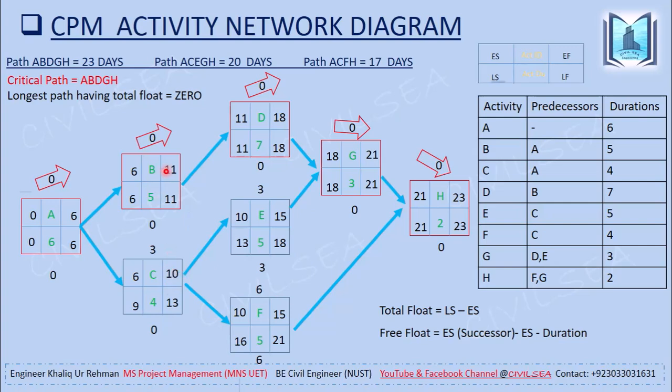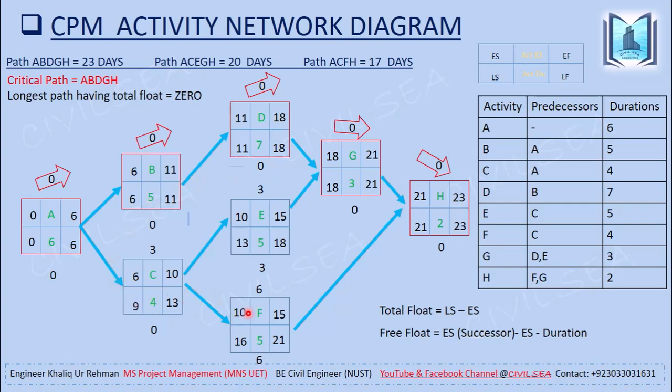Moving forward, this early finish becomes the early start of activity D. So 11 becomes the early start of activity D. Early start plus duration of activity D is equal to 18. That becomes the early finish.